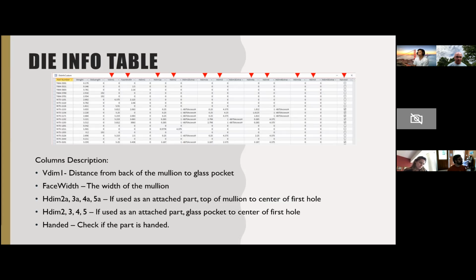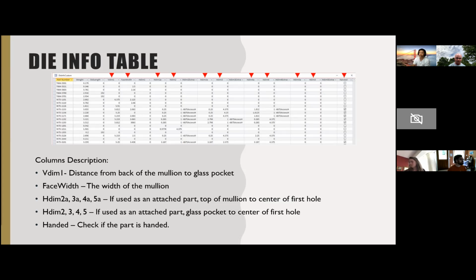And every Monday I get a report, and I go in there and start checking the metal, entering the reading one, the phase width, HDM2A and 2. The handed part, we try not to check until we are programming it, because in the earlier function, when we checked that, we were interrupting the program creating a fab ticket for the vertical. So that part we leave until we check the box during programming.